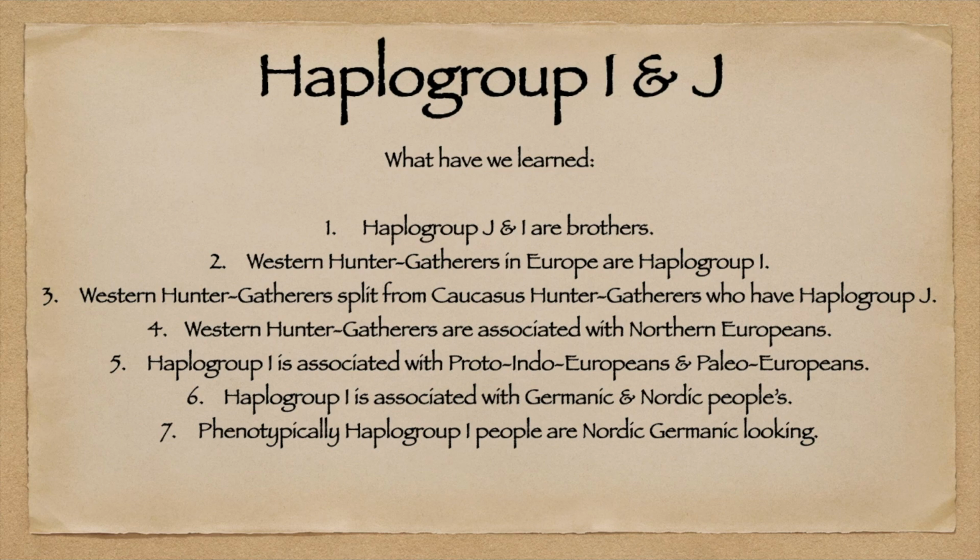Western hunter-gatherers are associated with Northern Europeans. 5. Haplogroup I is associated with Proto-Indo-Europeans and Paleo or pre-Europeans. 6. Haplogroup I is associated with modern Germanic and Nordic peoples. And 7. Phenotypically, haplogroup I people look Nordic Germanic.